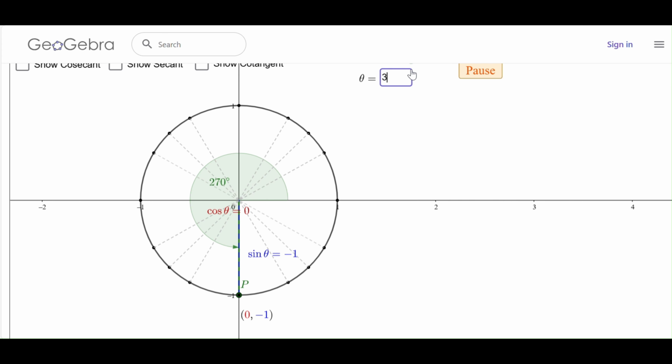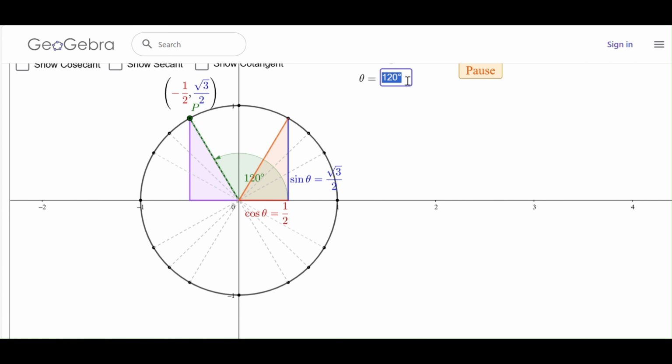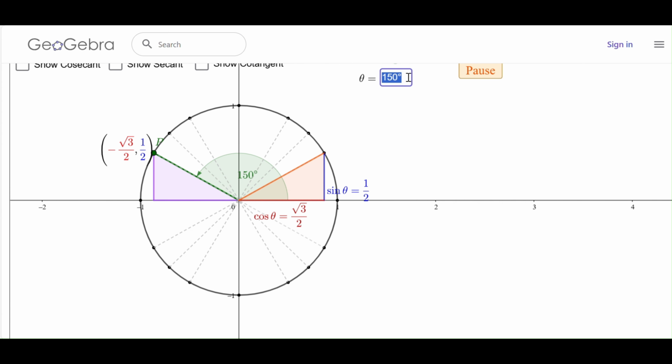And then we learned if you know 30 degrees, then you know 150 degrees, right? And you know 210 degrees, right? And then you know 330 degrees, right?